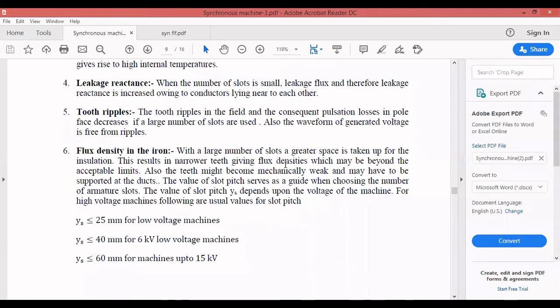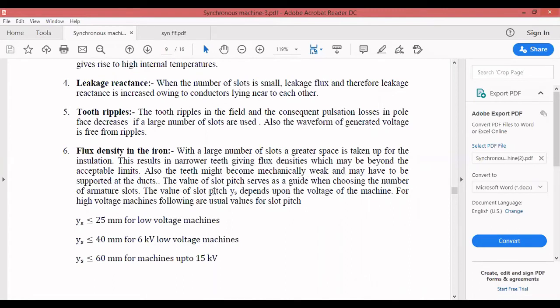If you remember, earlier I told you the flux density in the teeth depends upon the width you are going to select with respect to the stator slot. So this results in narrow teeth giving a flux density which may be beyond the acceptable limits. Also, the teeth might become mechanically weak and may have to be supported at the depth.